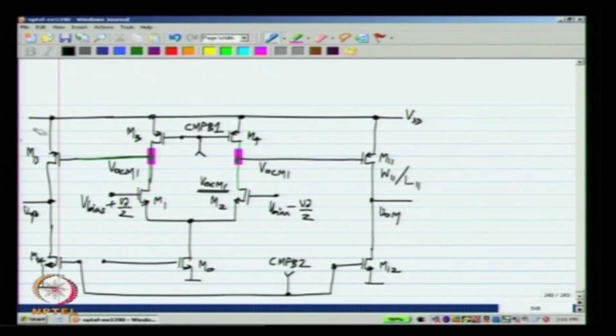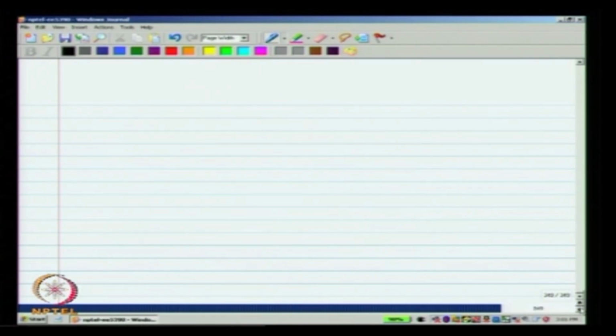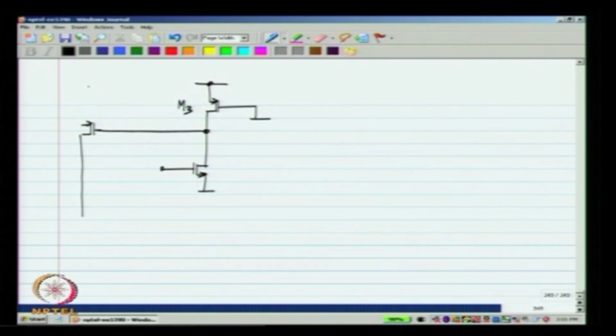Now, in the differential half circuit, what do we have? We have this point to be ground and that point to be ground, okay, and also this point to be ground. So, we will have M1 with its source grounded, M3 with its gate grounded, okay, and this is M13 and M14.